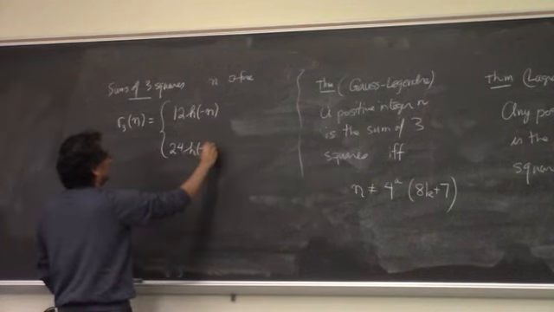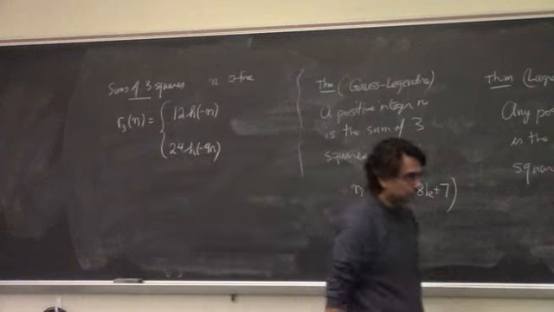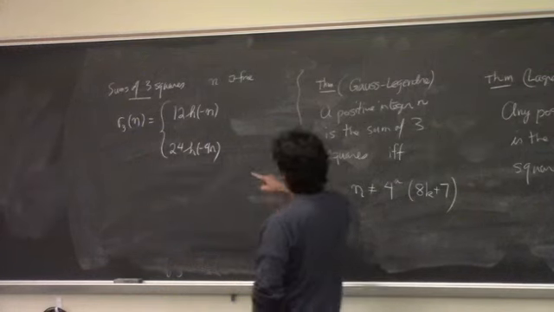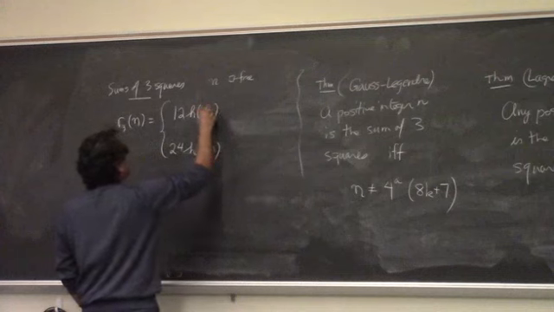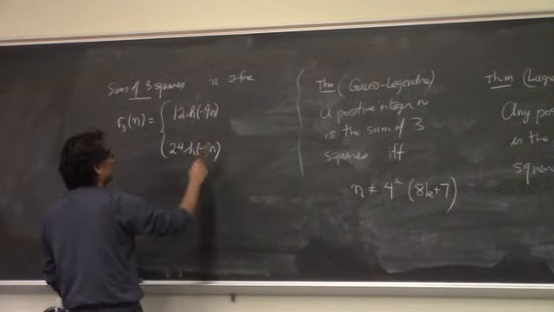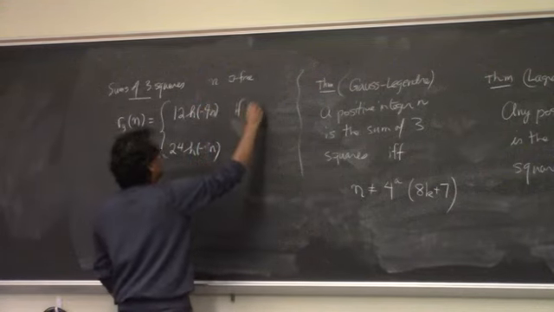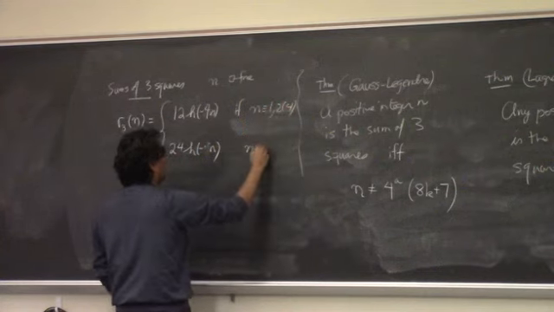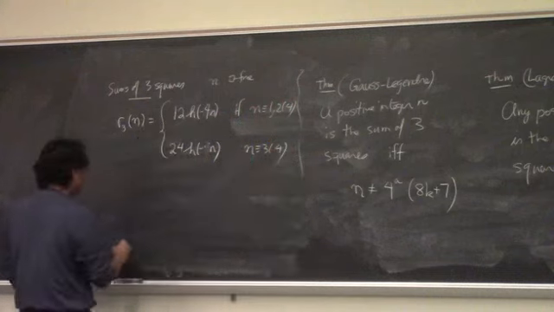Let me get that backwards: 12h of negative n in the first case, if n is congruent to 1 or 2 mod 4, and 24h of negative 4n in the second case, if n is congruent to 3 mod 4.